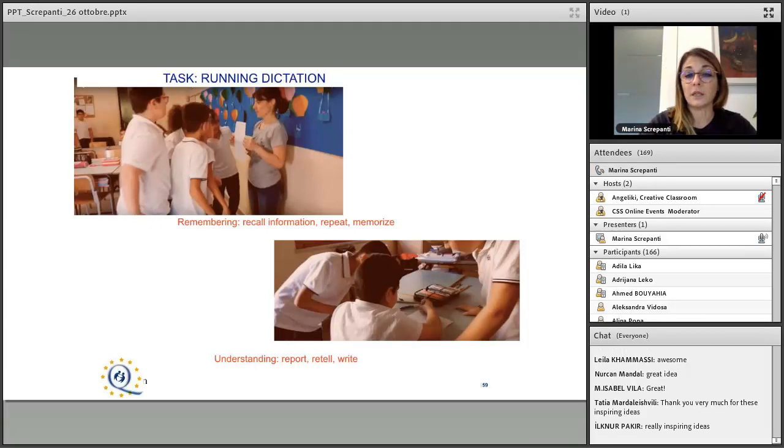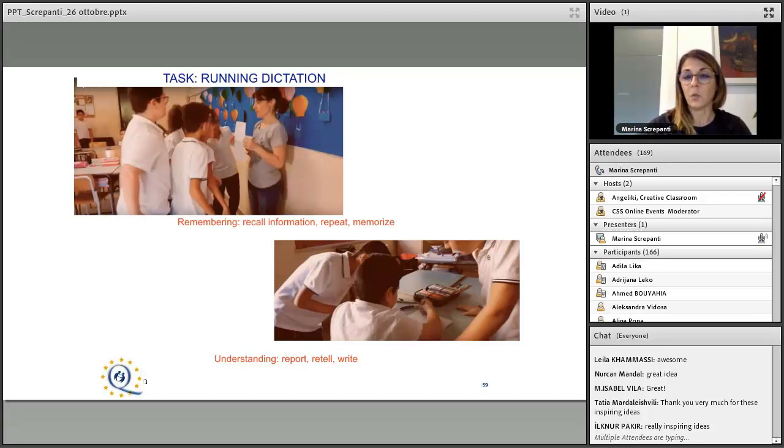This is running dictation. It is a game, total physical response with tests. You have to divide the class in groups and put one writer per group with a piece of paper and a pen on his desk.